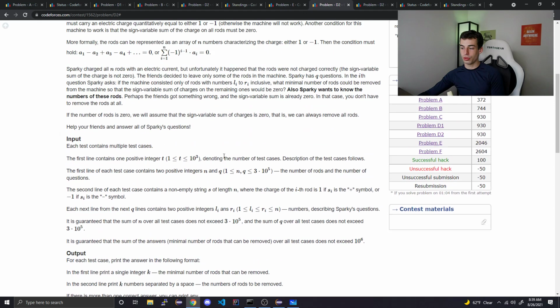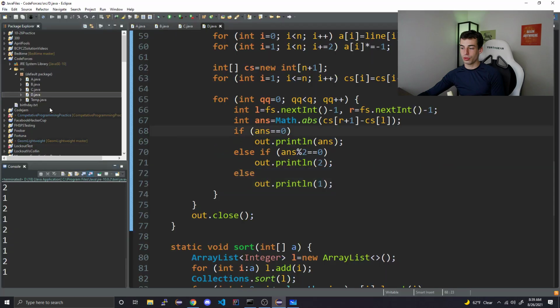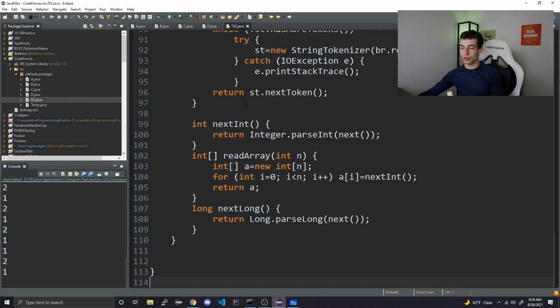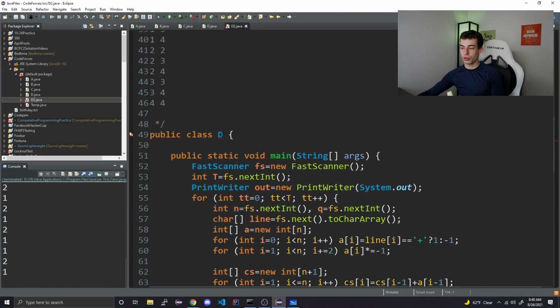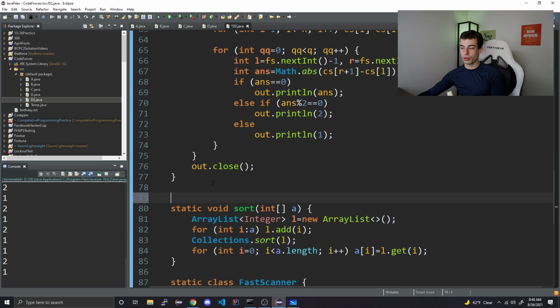Okay. Yeah, okay, so I guess let's just start with this code. D2. Okay, so if this is 0, print this. If it's 1, we have to find out why it's 1. Well, let's just make our query class.